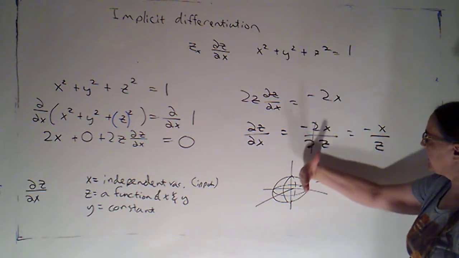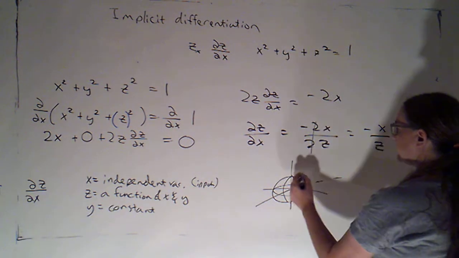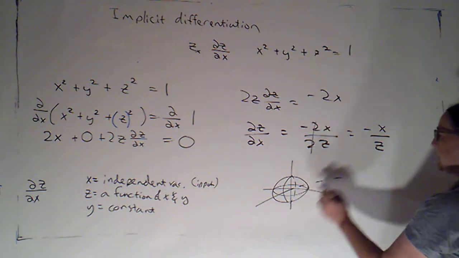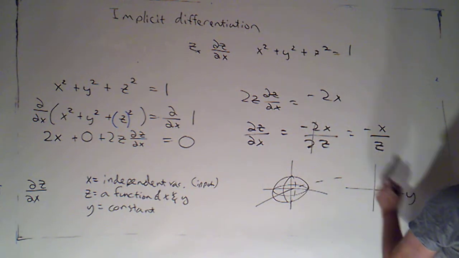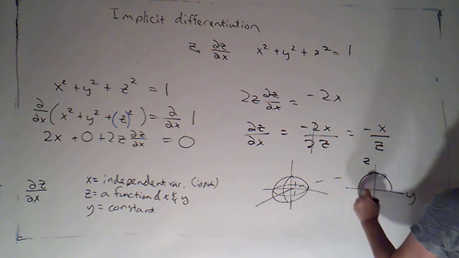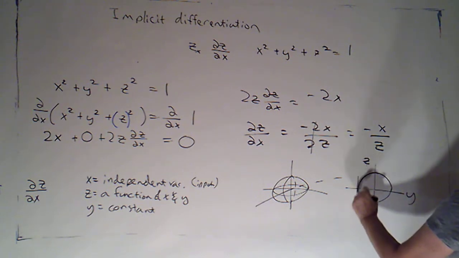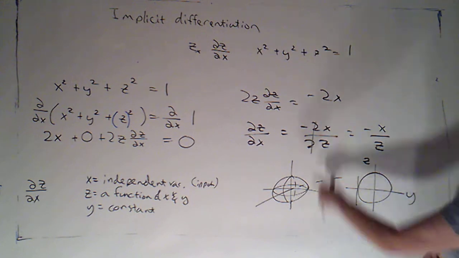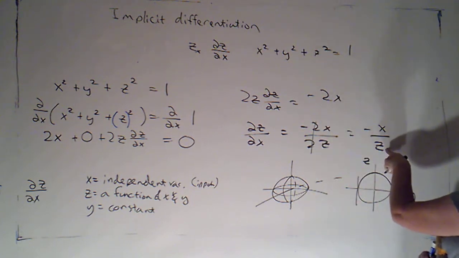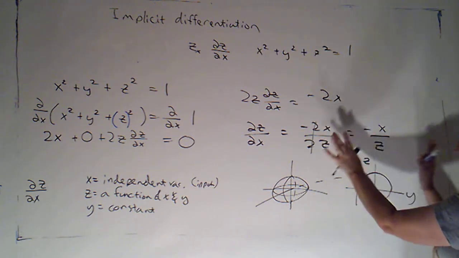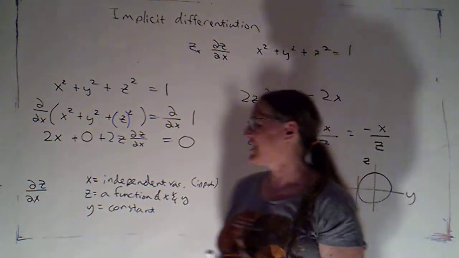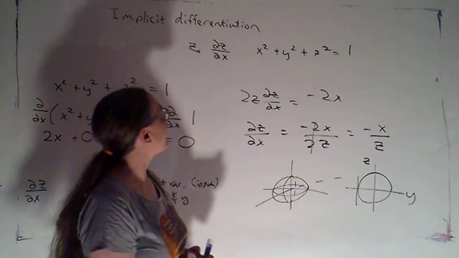So I'd be looking at these cross-sectional circles that I would be getting in a plane parallel to the yz plane. Notice where z is 0, vertical tangents. Derivative is undefined. So the algebra is consistent there with the geometry, which is kind of nice.